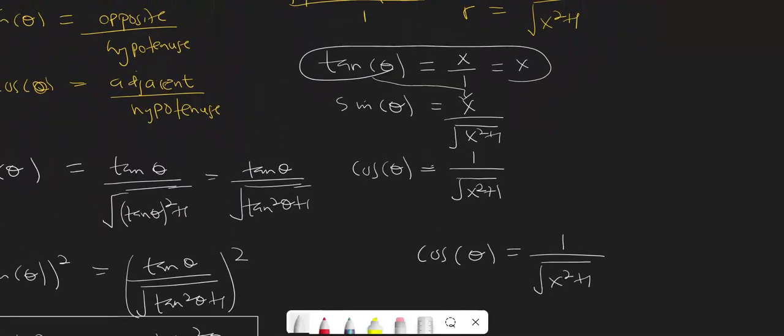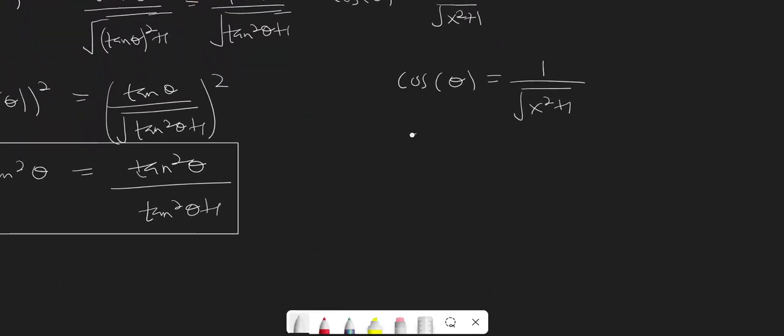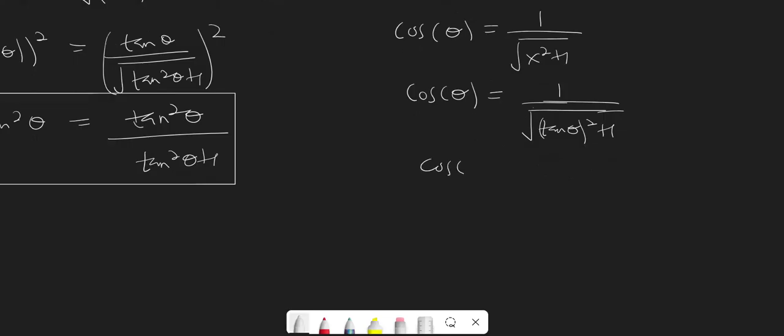And we know that tan theta is equal to x. So cosine theta is equal to 1 over the square root of tan squared theta plus 1.